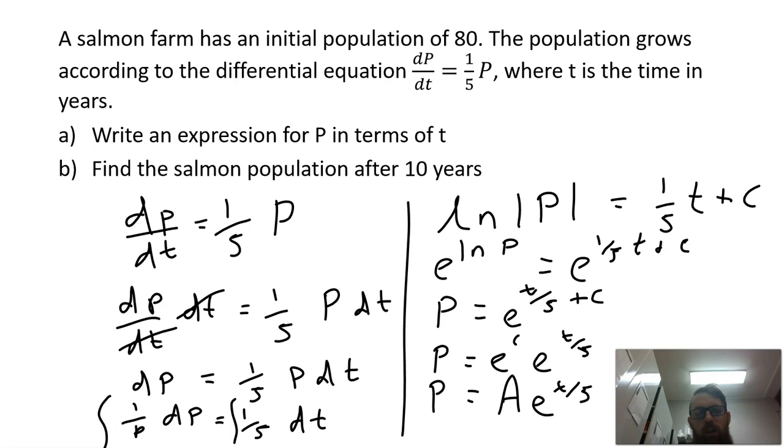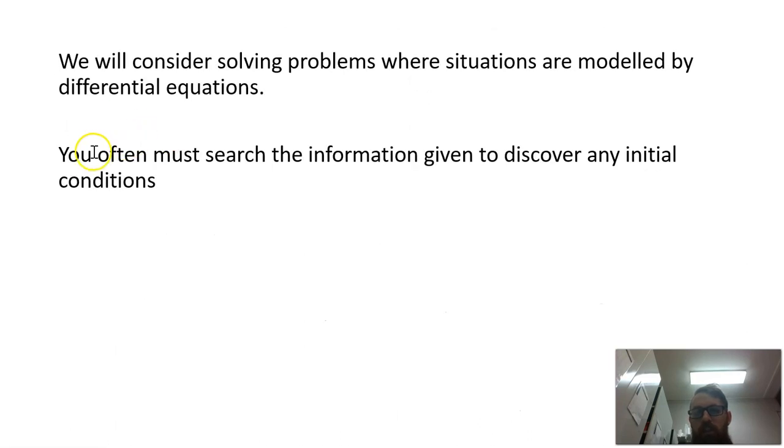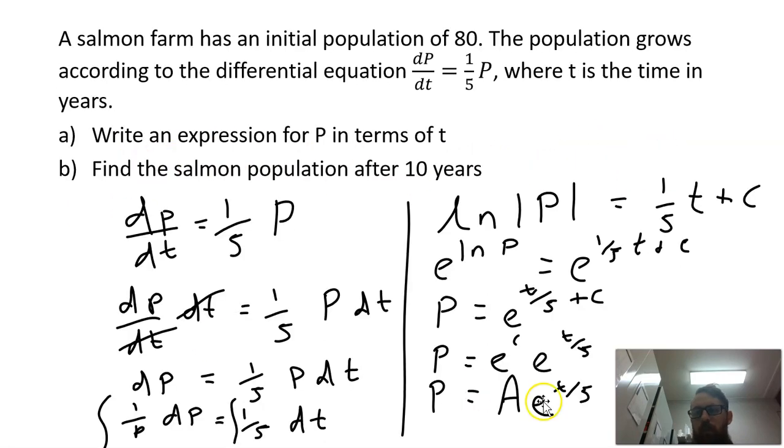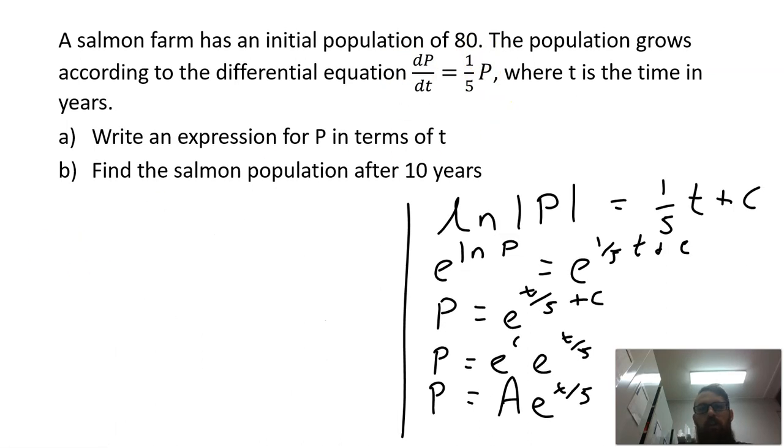One of the things we started off looking at is that you often must search the information to discover any initial conditions. If we write it like this, we don't actually know what a is, but we do know the initial population, initial meaning 0, is 80.